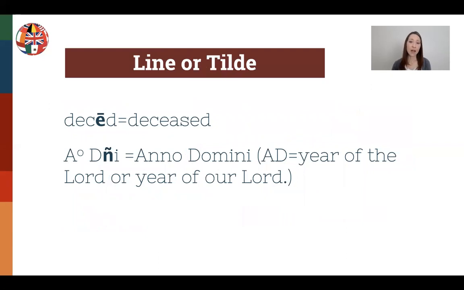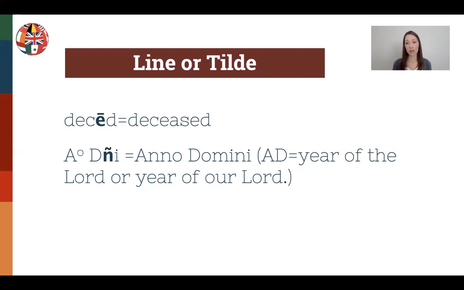If you see a line or a tilde above the word that you're reading, it usually means it's been abbreviated. So we've got "deceased", D-E-C with an E and a line above it, and a D, and it's telling us they've removed those letters in between. Then we've got Anno Domini, which you will see in dates, of course.